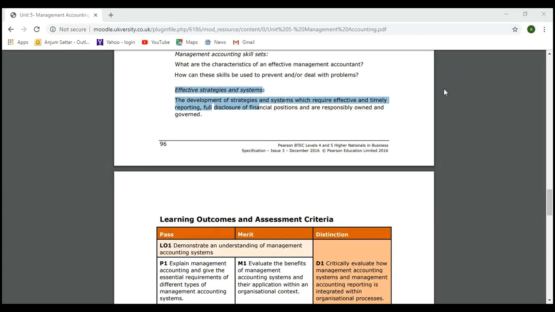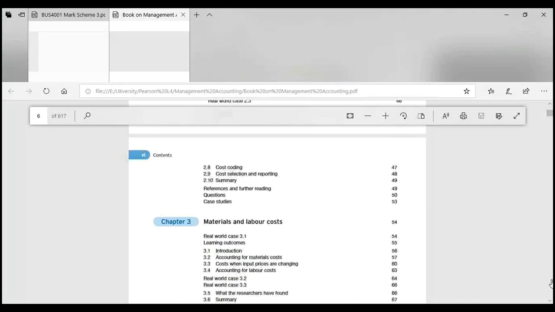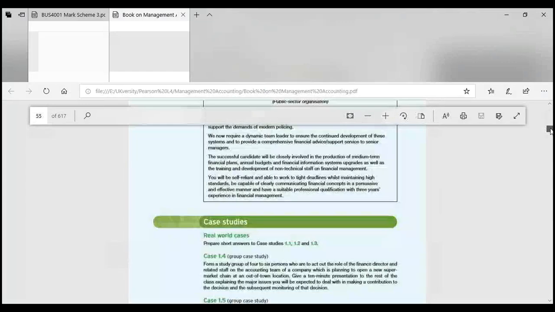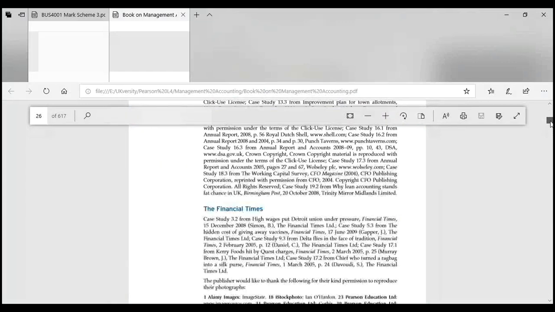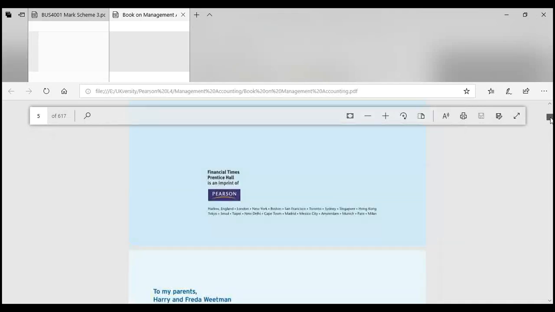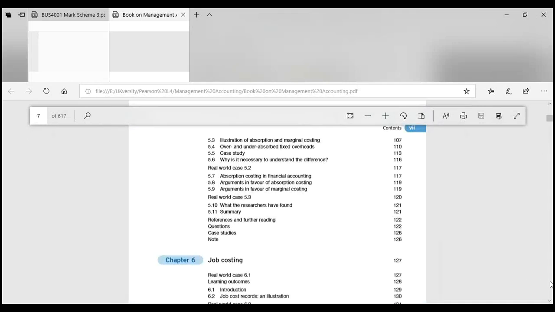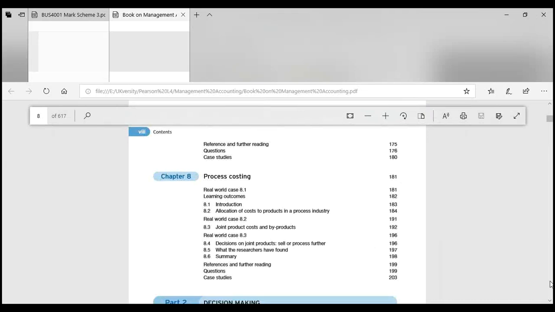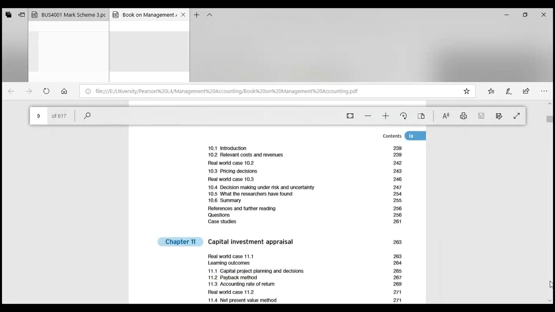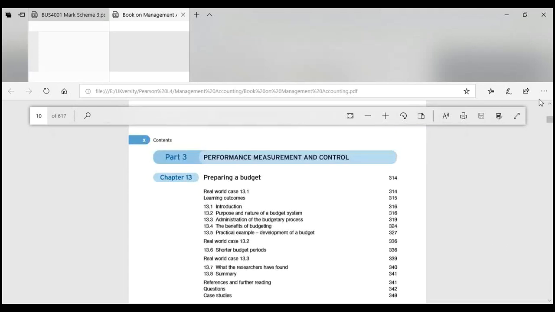All this is explained in the chapters of the book. Chapter 8, investment appraisal, and chapter 11, we can appraise. Chapter 12 is about budgeting, which we discussed in the last lesson.